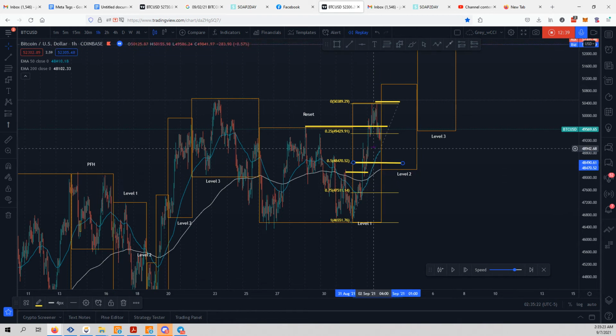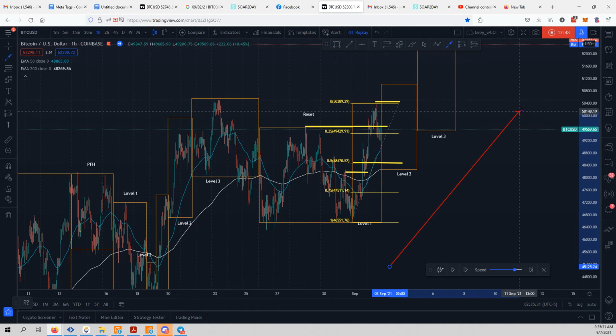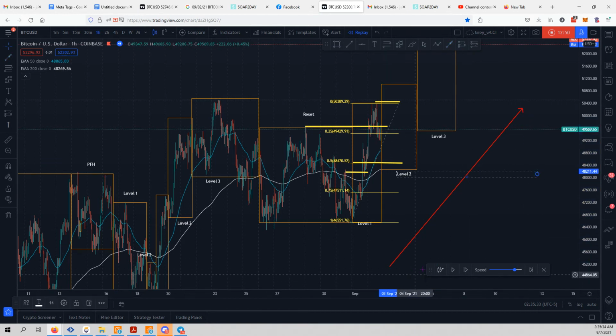The reason is because this is what is called institutional discount range. The bias direction is to the up for our longs, right? That's the direction in which we are moving, the overall trend. This is where order flow, institutional order flow is pushing up. So now that we're pushing up, we have a pullback.